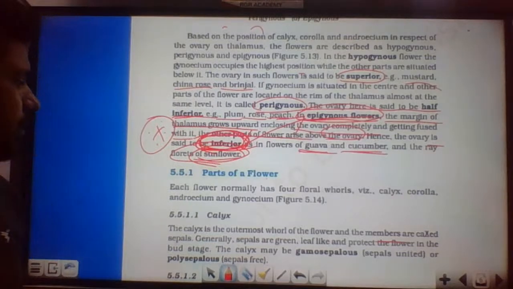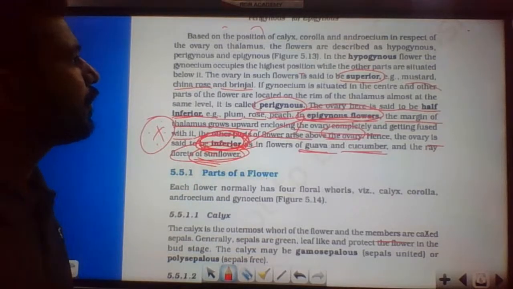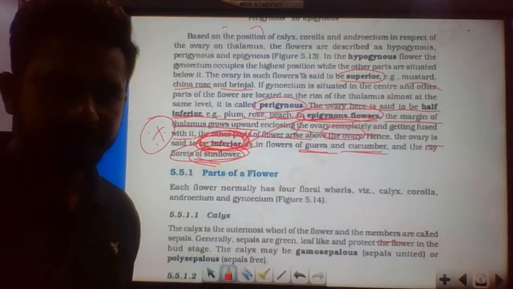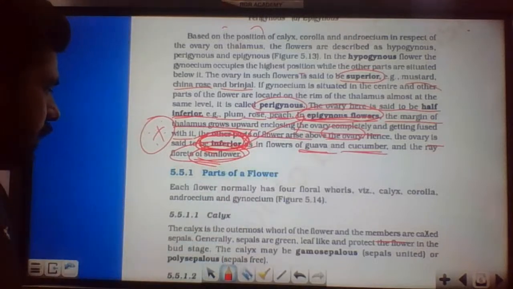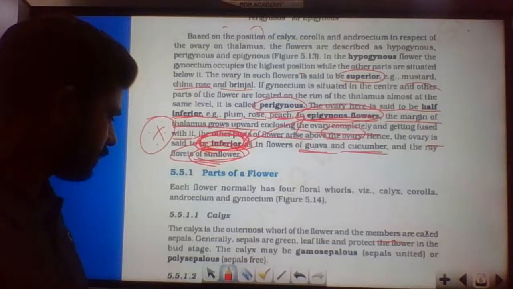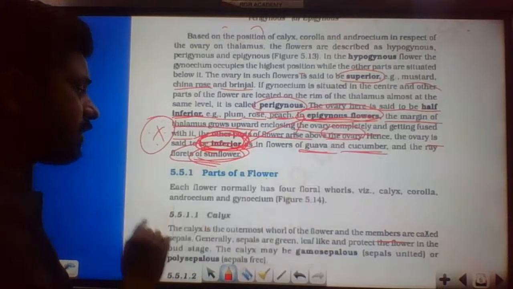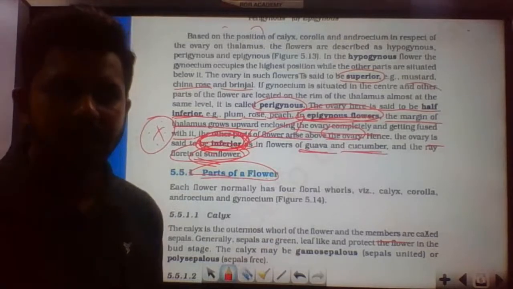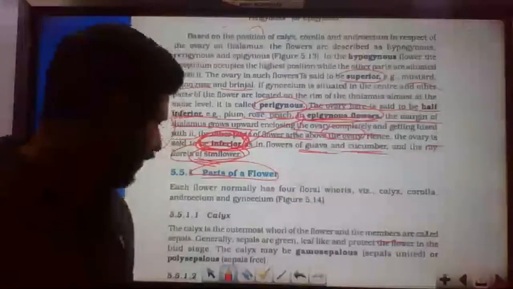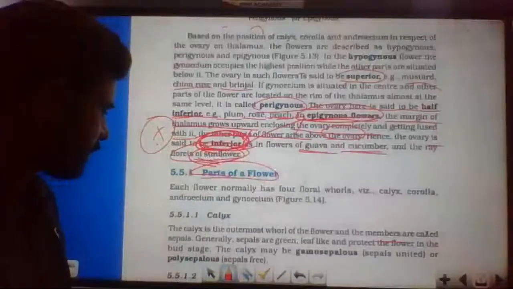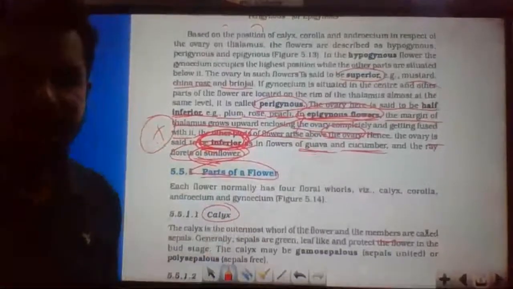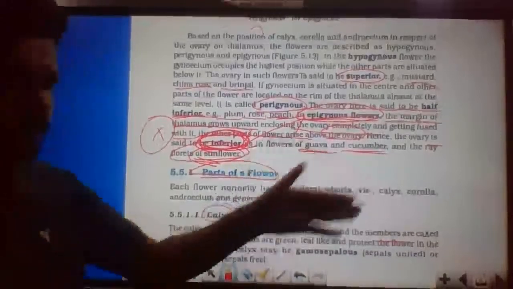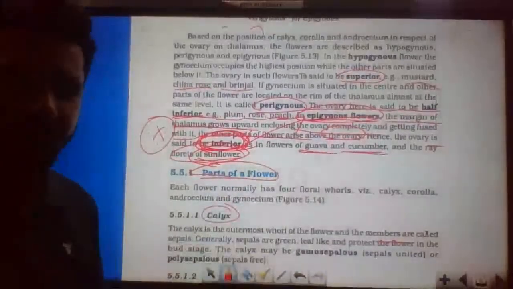Okay, so far we discussed different types of flowers and their examples. The second topic is parts of flower. As we already discussed, the different structures are calyx, corolla, androecium and gynoecium. The first two structures, calyx and corolla, are accessory structures.